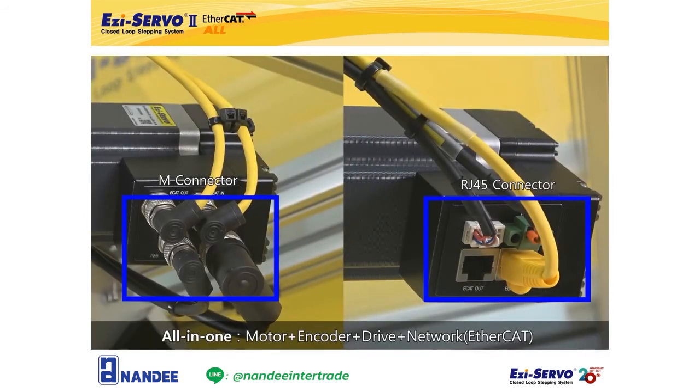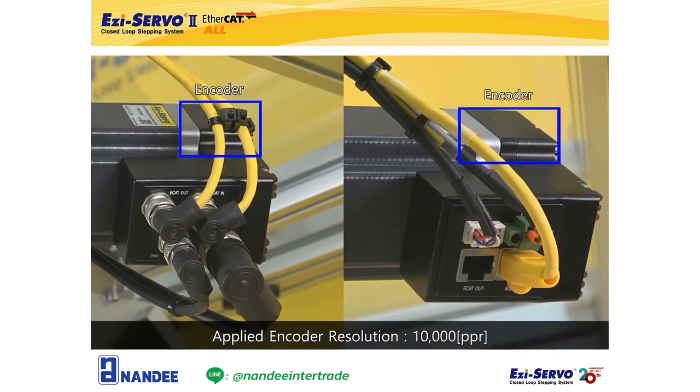As mentioned before, EZ-Servo2 EtherCAT All is an all-in-one type product that combines a motor, a high-resolution encoder, a drive, and EtherCAT network, and it supports 2 types of connectors, M connector and RJ45 connector. The resolution of the encoder applied to this demonstration is 10,000 ppr, and you can select the resolution up to 20,000 ppr.